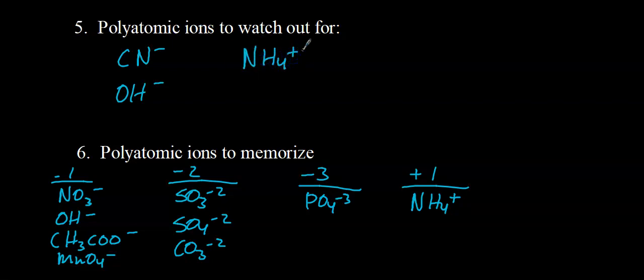Though there are more than one polyatomic cation, this is the only one you need to know. This is called ammonium. And then one more that has a little different name. This is called dichromate. So we'll need to know that one later. So definitely the ones under number 6 plus cyanide, memorize those as soon as possible.